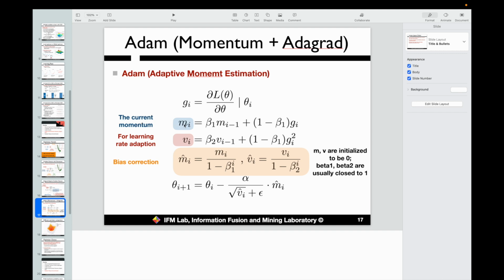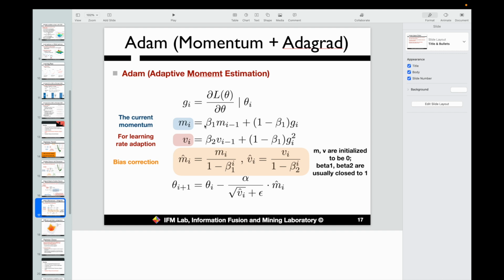And this speed or momentum is decided by both the previous speed as well as the current acceleration we calculate here, and we sum them together controlled by one parameter, beta 1. This beta 1 is a hyperparameter. We have to assign it manually. And in this way, we can decide the current speed for the variables to be updated, right?